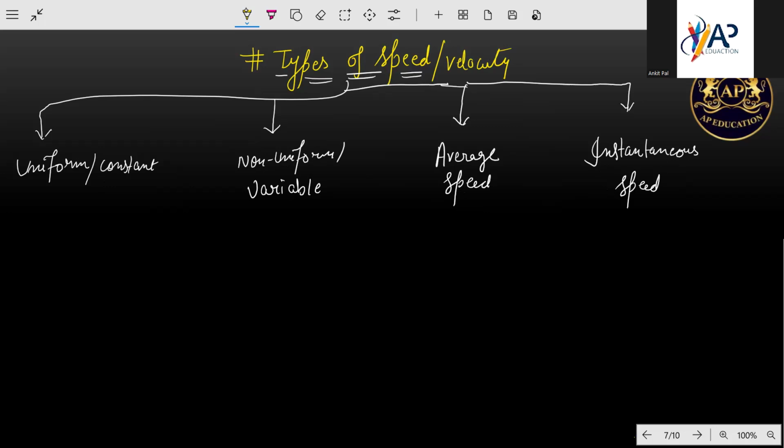Listen, what is meant by uniform? First, I define uniform speed or constant speed.